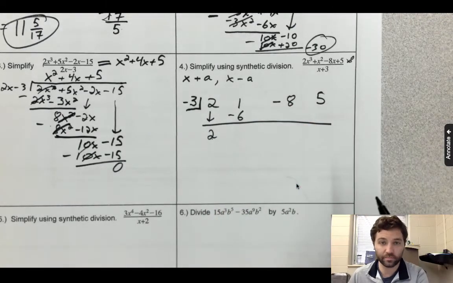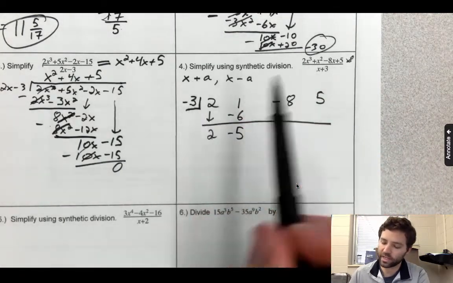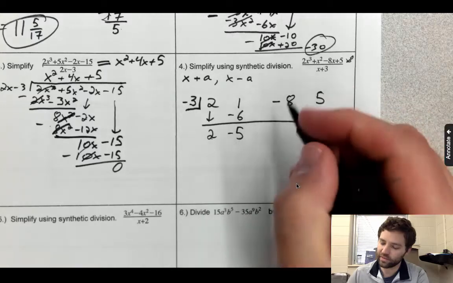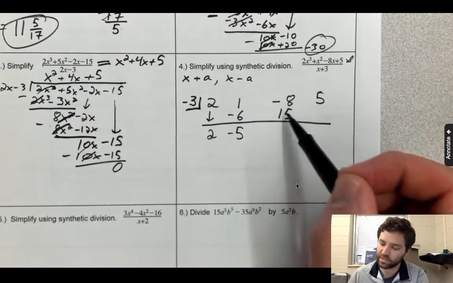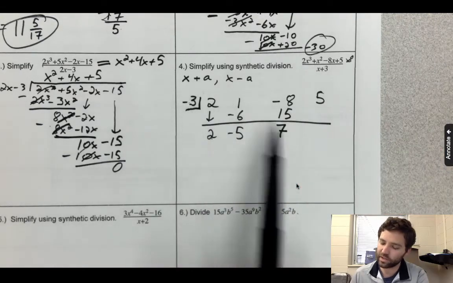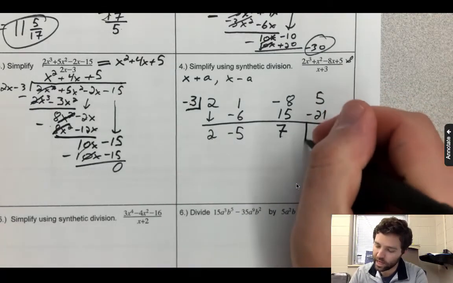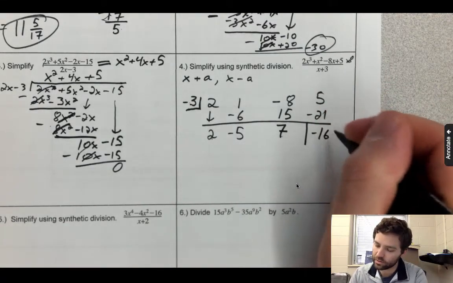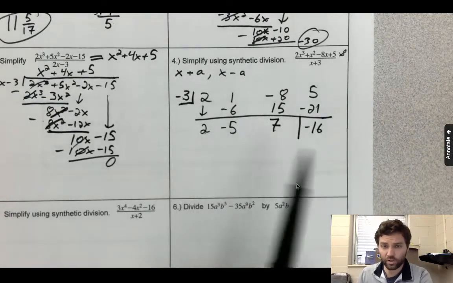Then you're going to add. 1 plus negative 6 is negative 5. Then you're going to multiply again. Negative 3 times negative 5, positive 15. Add them up. Negative 8 plus 15 is going to be 7. Then you're going to take negative 3 times 7. That's negative 21. Add them up. It's negative 16.